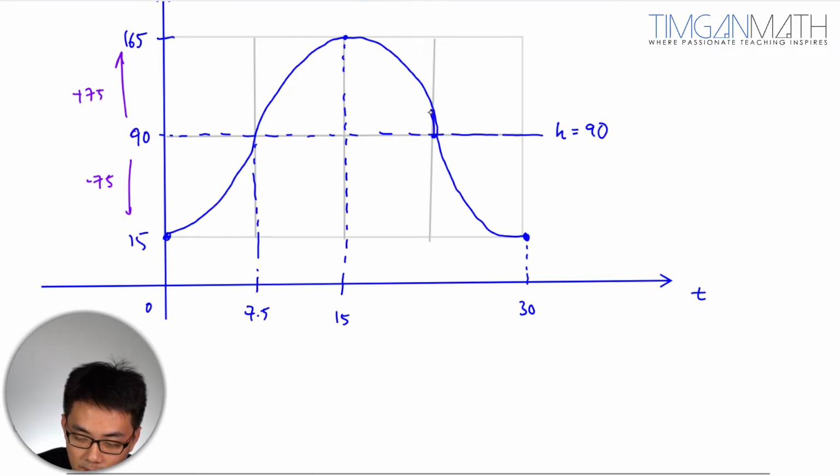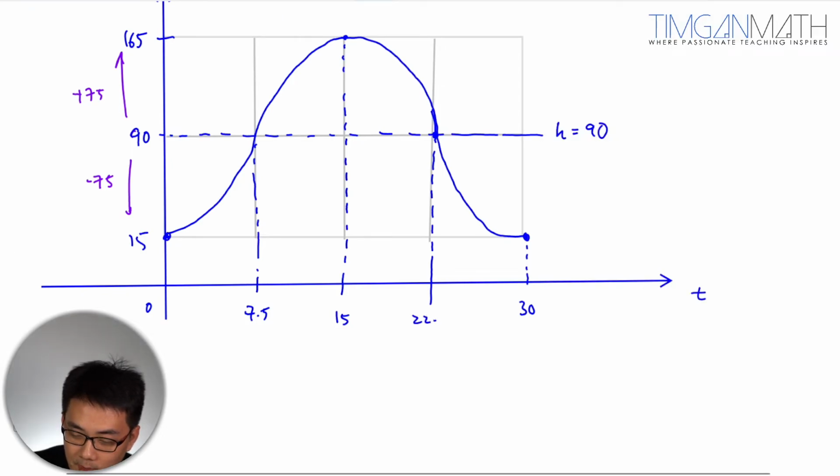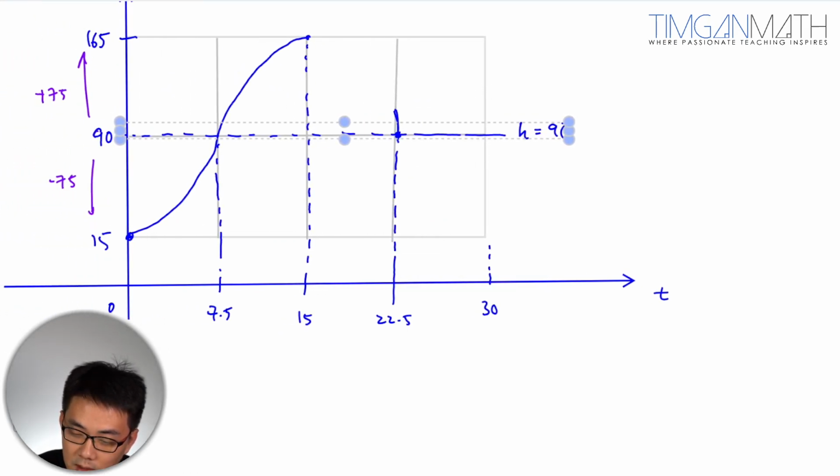Then this part here will just be 30 plus 15 divided by 2. This will be 22.5. Okay, and let me just redraw this quadrant here. Doesn't seem like it's connecting nicely.